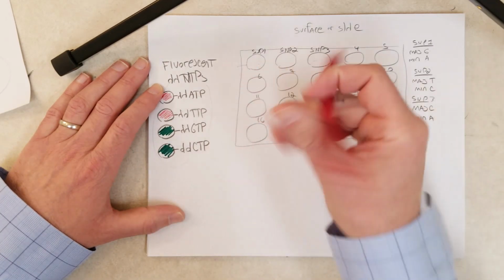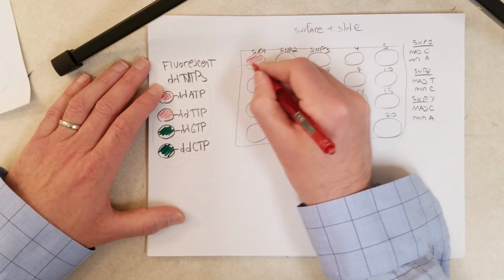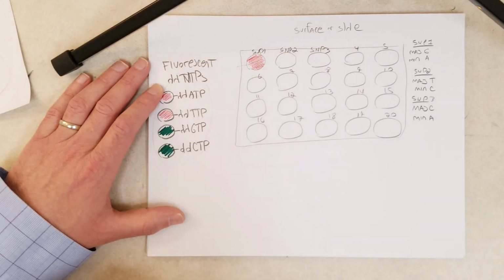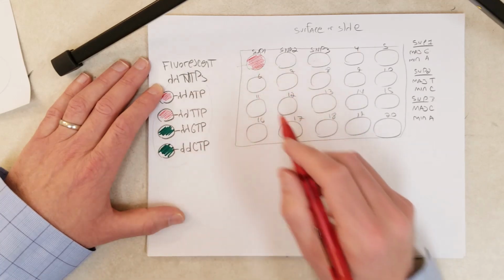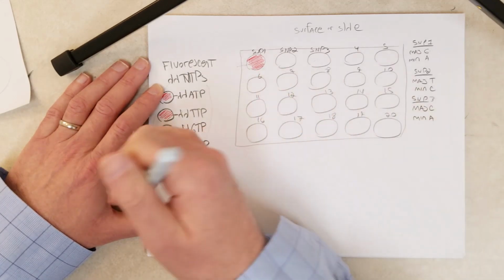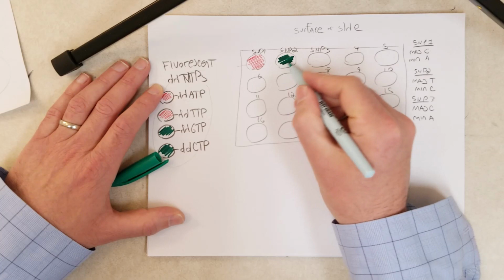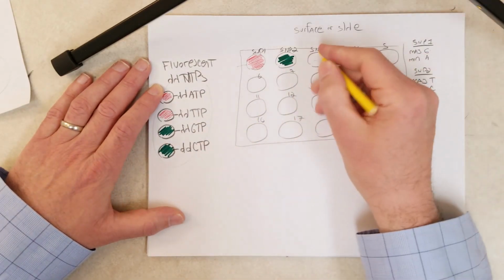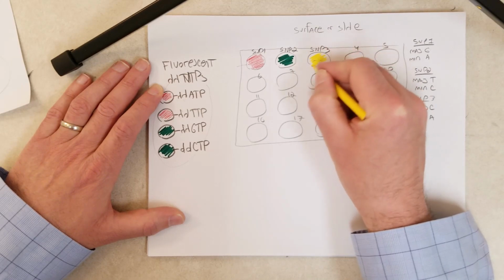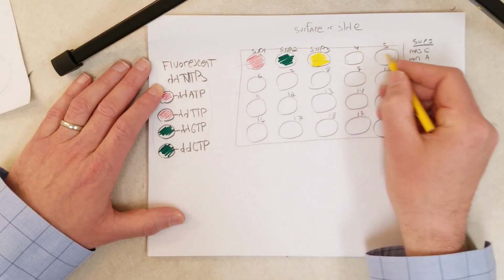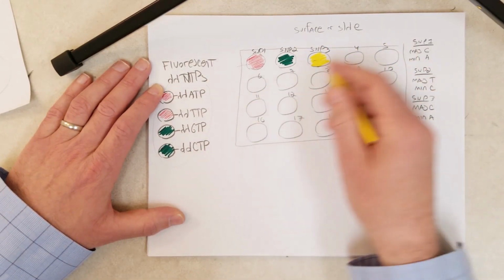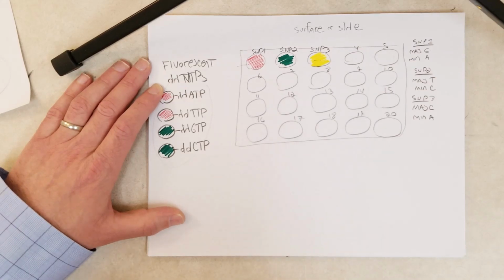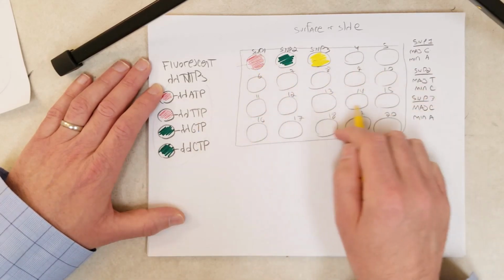So let's say for SNP1, the computer with the microscope, camera, and laser detects a red color. For SNP2, the computer detects a green color. And for SNP3, the computer detects yellow. We don't need to look at the others, but if you can understand these, you can understand what's going on here.